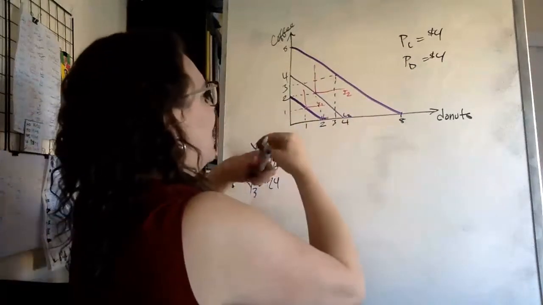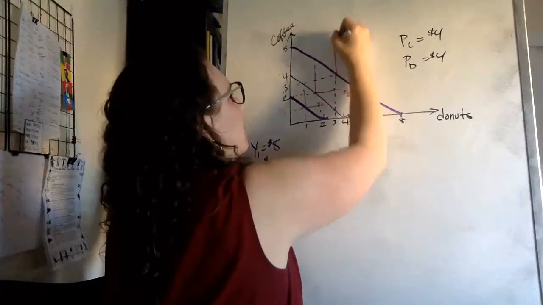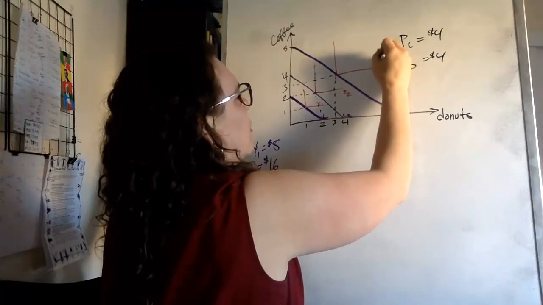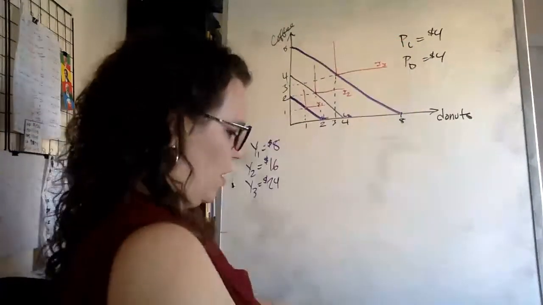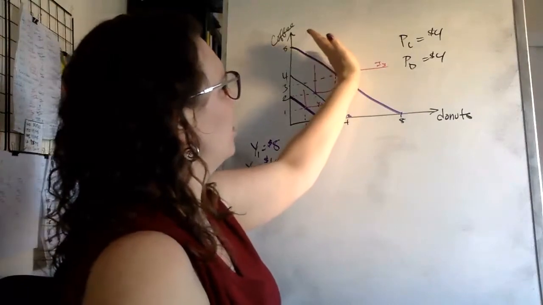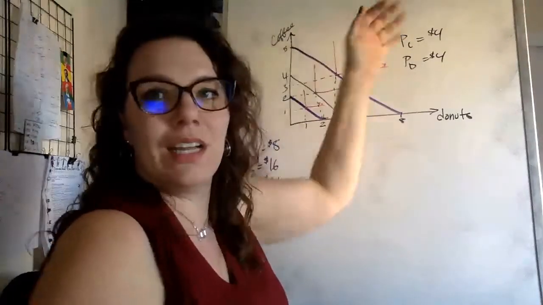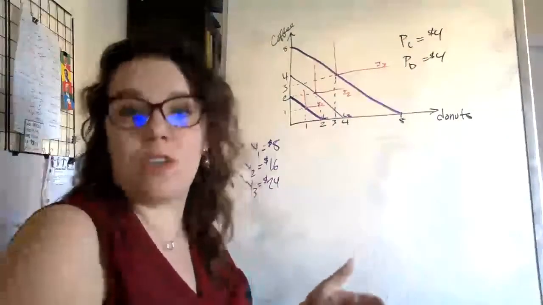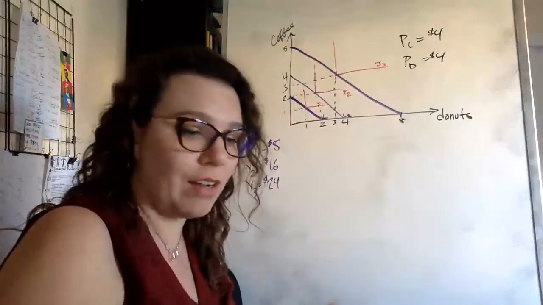And that's our last indifference curve. And you can see again, no matter how far out I go, Hugo's never going to want another cup of coffee unless it comes with a donut, or another donut unless it comes with a cup of coffee.